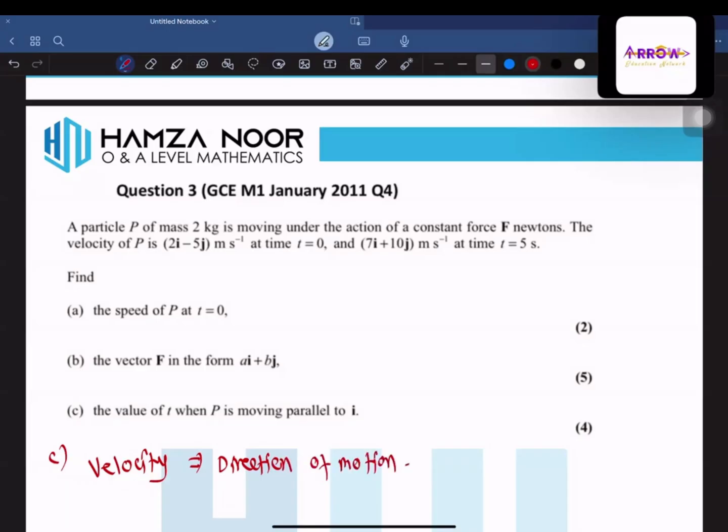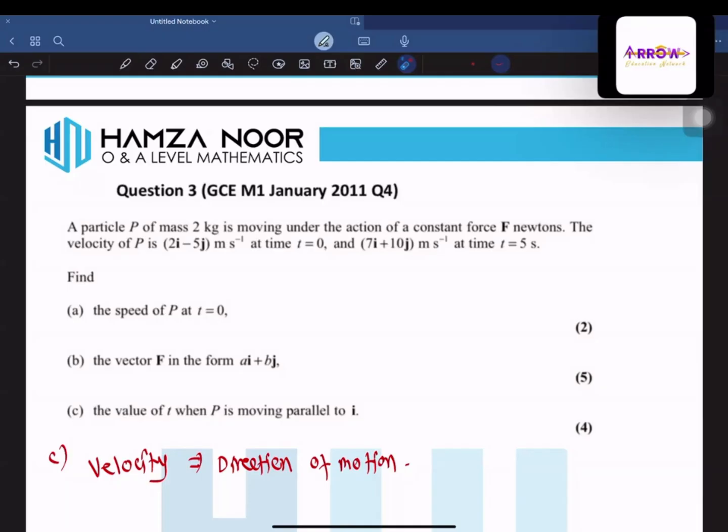So the velocity vector tells you the direction of motion. But in this question, the velocity is not constant, because when the velocity is constant, acceleration is zero. Agreed? And in this question, we have acceleration. As we can see, the initial velocity vector and the final velocity vector are given to you. So velocity is changing with every value of t. As the value of t increases, the velocity vector changes.